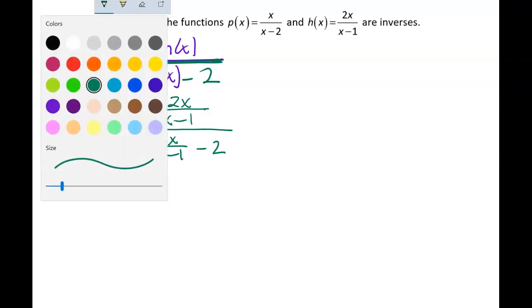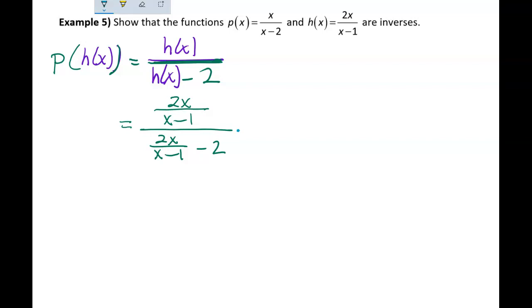And now let's remember some clever algebra that we learned on how to simplify complex fractions. That is, we're going to multiply the numerator and the denominator of this function by x minus 1. All right, there's only one fraction to multiply in the numerator, and that's going to cancel out our denominator, so that's just going to give us a 2x in the numerator.